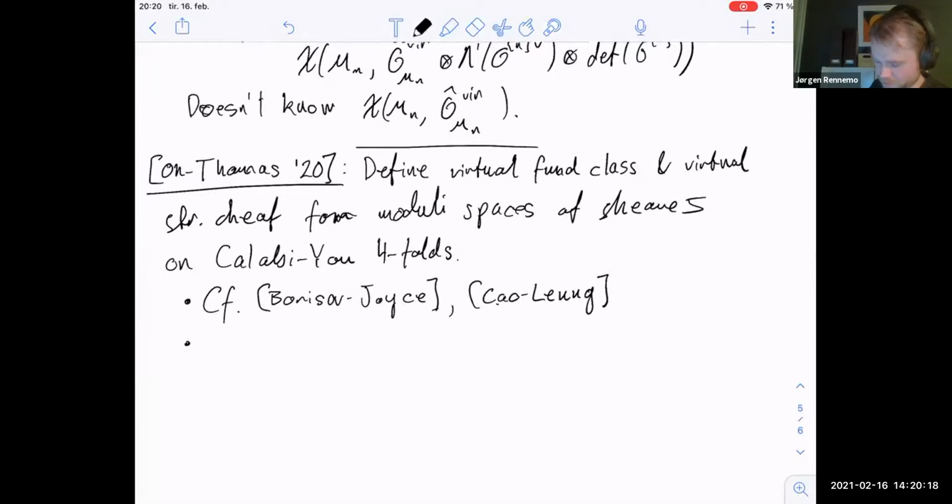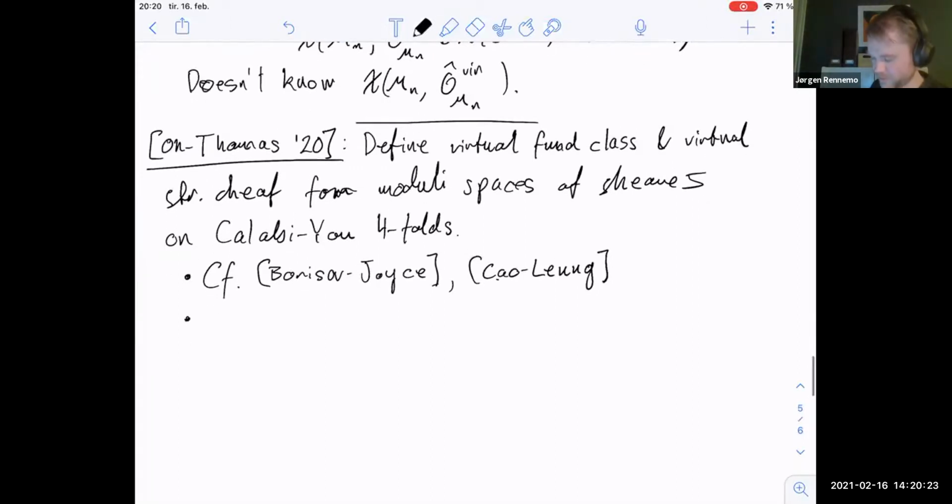So Oh–Thomas's work has, for our purposes, several aspects which make it very suitable. First of all, they work in algebraic geometry.